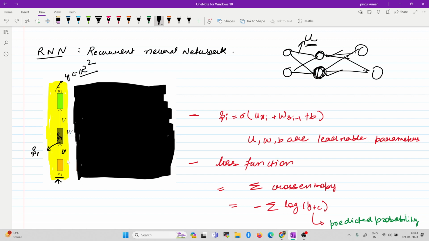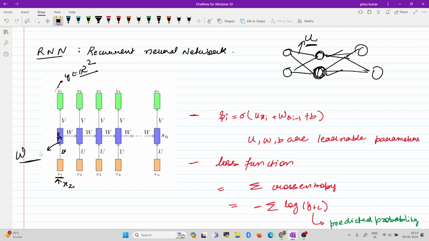After inputting X1, you save the intermediate representation S1, and when you input your next input, X2, you multiply this S1 by some W, and you include that in the hidden representation of your next input. Okay, so let's see how that works.